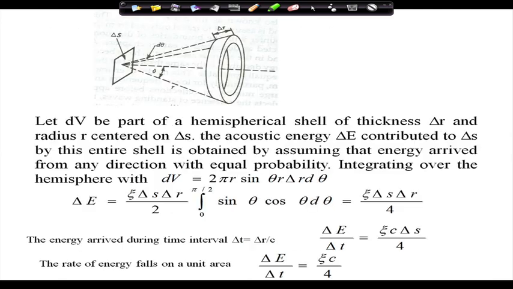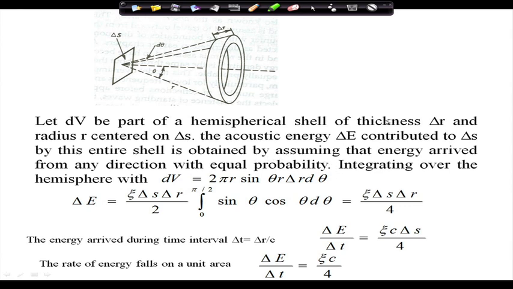Okay. Now, consider this picture. Let dV be a part of a hemispheric shell of thickness del r and radial distance r centered on S. So, what I said, this volume is a part of a hemispheric shell whose thickness is del r and the radial distance is r from S. The acoustic energy del E contributed to del S by this entire shell is obtained by assuming that energy arrives from any direction with equal probability.